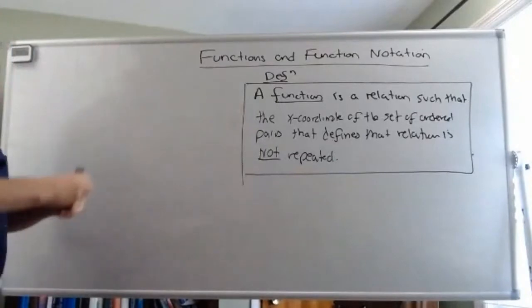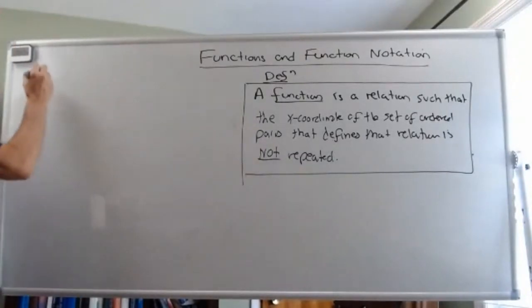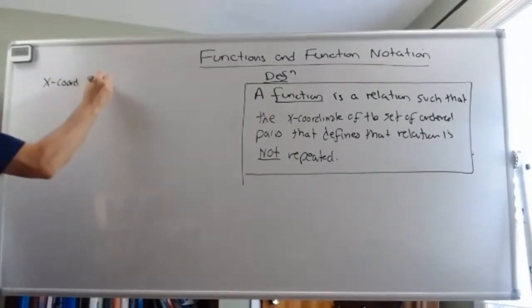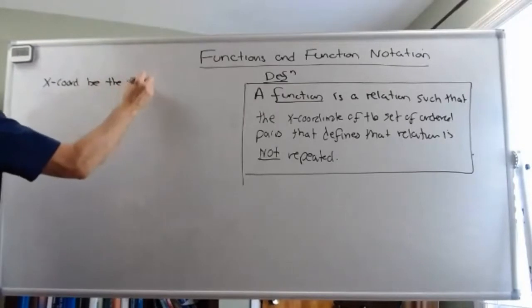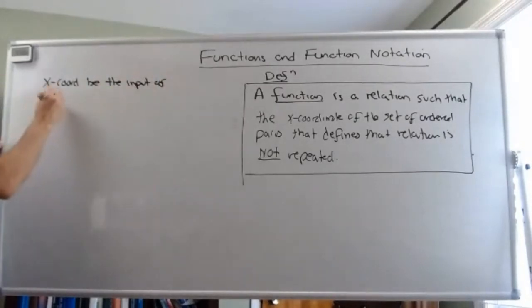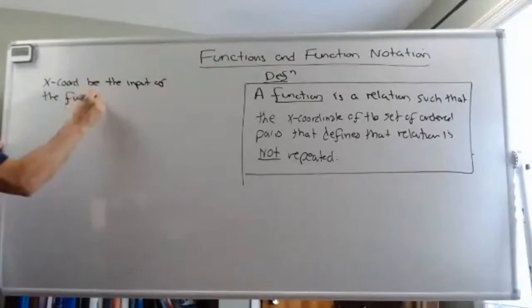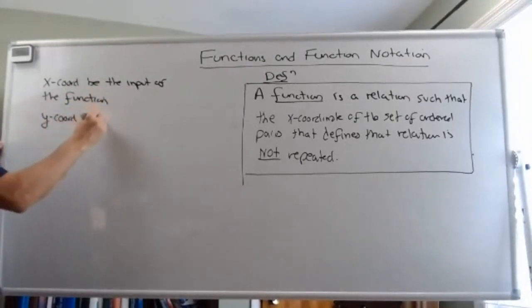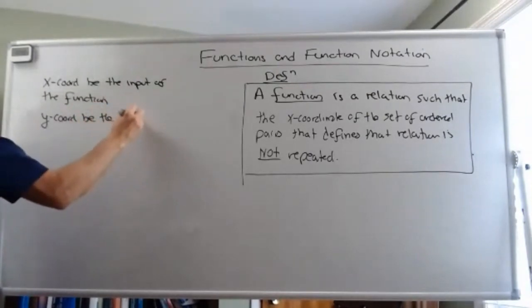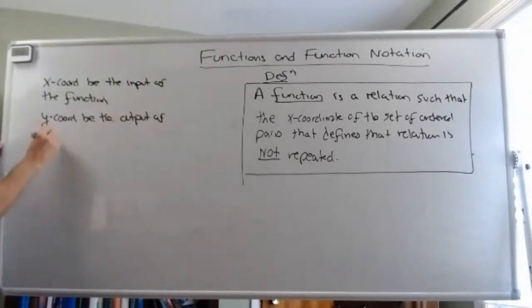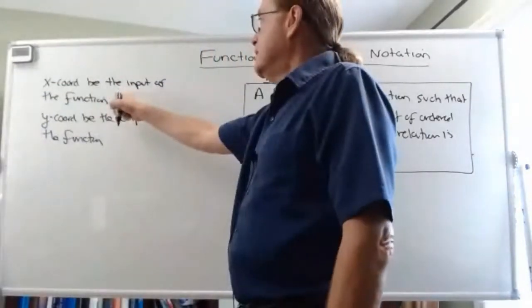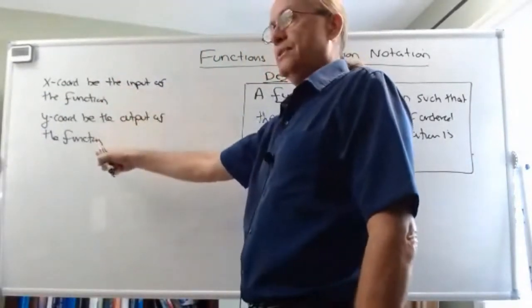So this definition can be extended to think of this as: let the x coordinate be the input of the function, and the y coordinate be the output of the function. So what this is telling us is that for every input, I have only one output.